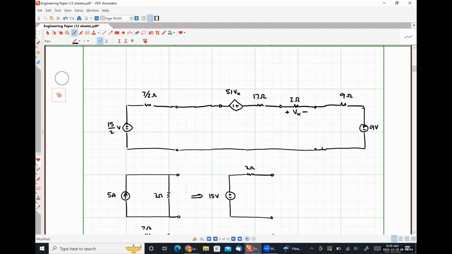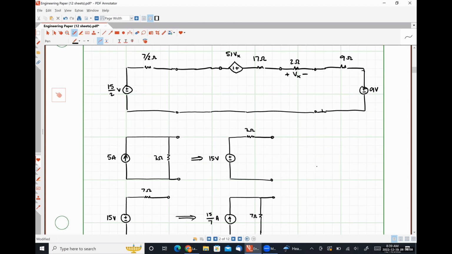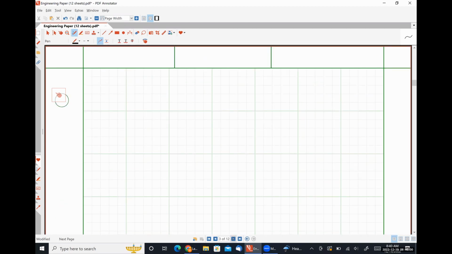All right, so maximum power transfer theorem is something that I think is fantastic, okay? And it relies on us being able to represent a larger circuit as a practical voltage source or a practical current source.